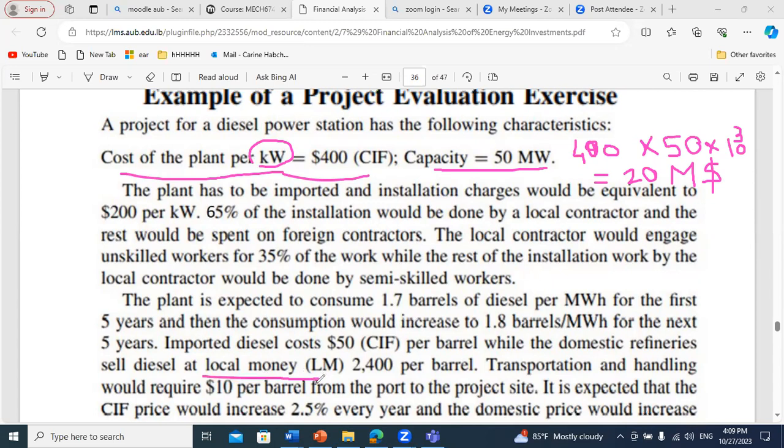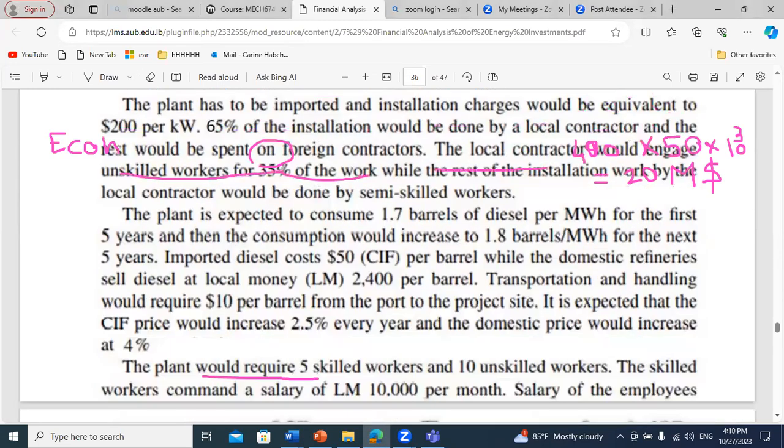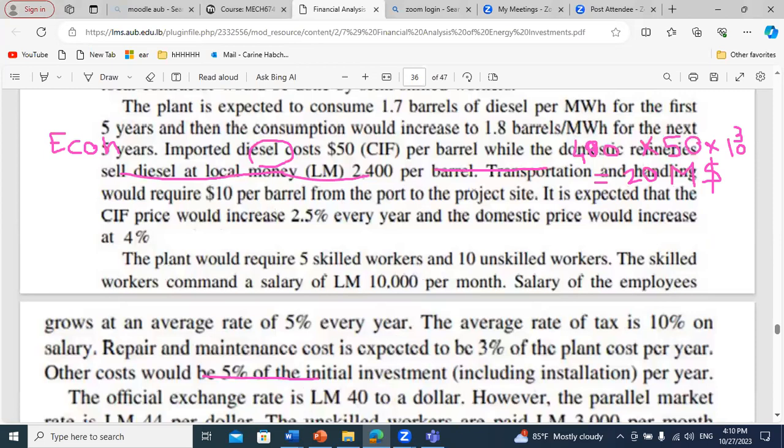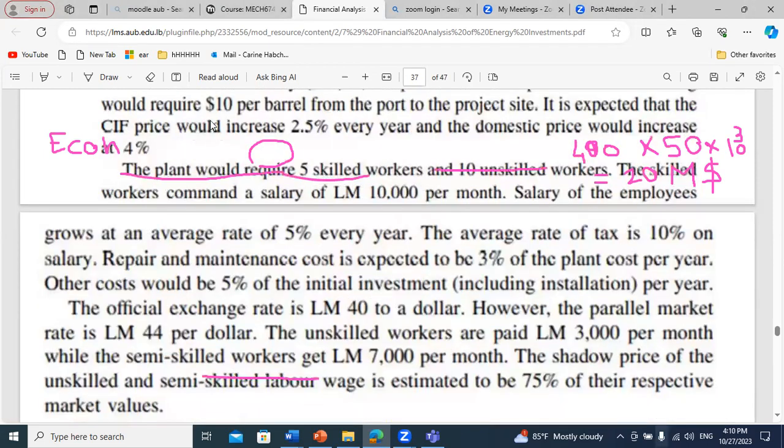Okay, if you remember, we said that whenever we want to calculate an economic value, we should multiply by which rate? Who can tell me? By which rate we should multiply? If we go down with the given, they told us that the official exchange rate is 40 local money to $1.